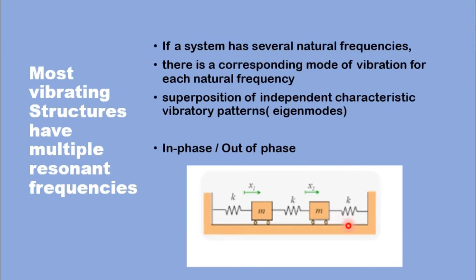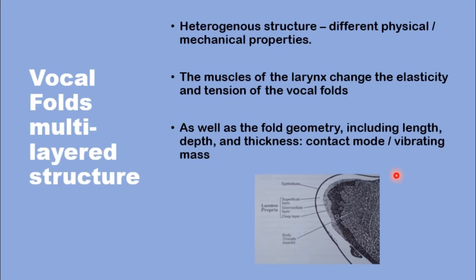So you have several eigenfrequencies and eigenmodes in the same structure. And the final outcome will be a superposition of the independent characters of the vibratory pattern of each of its segments. And that's exactly the case with the vocal folds.